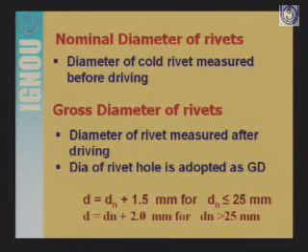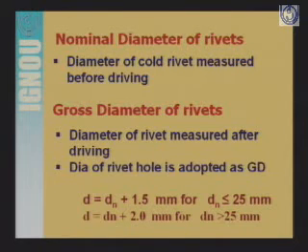So here gross diameter is taken as the diameter of the hole. Now the code says that for arriving at the gross diameter from the nominal diameter, add 1.5 mm for rivets having nominal diameter equal to or less than 25 mm.